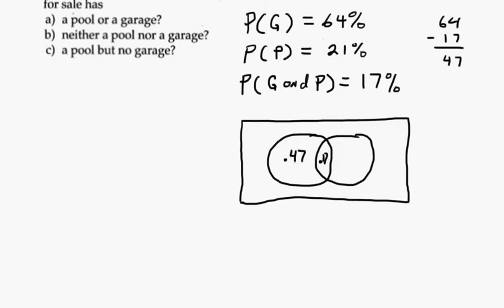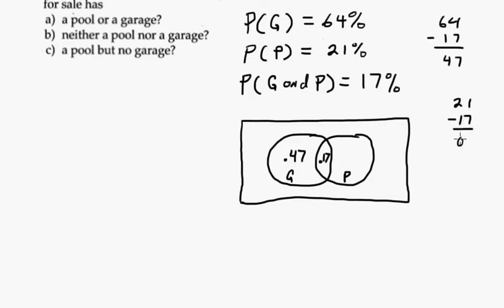Sorry about that, it doesn't look too good, but 17 and 47 add up to 64. So let's just call this garage.